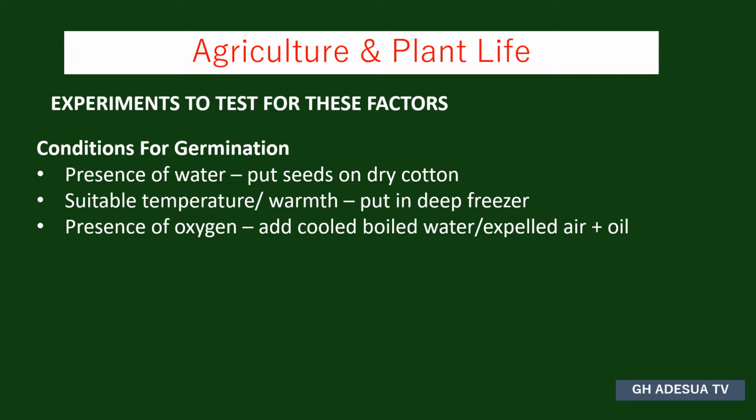Now when you do not stir the water and it is cooled in a stagnant state, no oxygen goes into it. Then you would have the cotton, put the seed on it, then put the boiled, cooled water on it. That's air or oxygen expelled. Then you put oil on top. The oil is to prevent further absorption of oxygen into the water so that the seed would have no access.